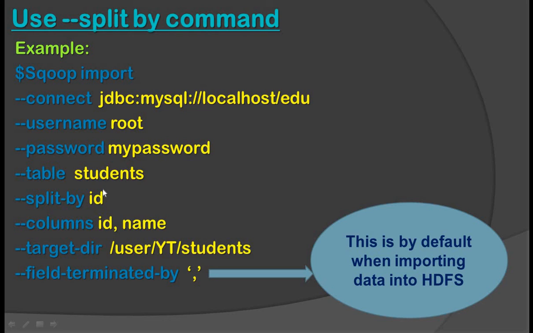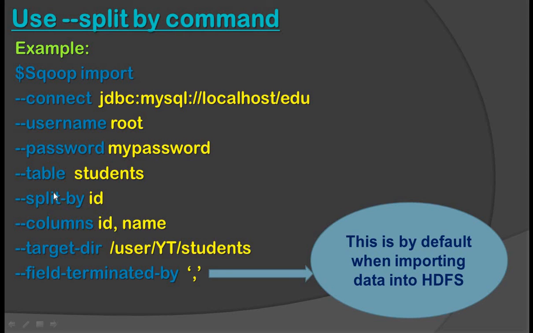So Sqoop will divide the data of this students table to different mappers for processing based on this id. And if we do not specify this id, meaning if we do not specify double hyphen split-by id, then Sqoop will by default distribute data based on the primary key.